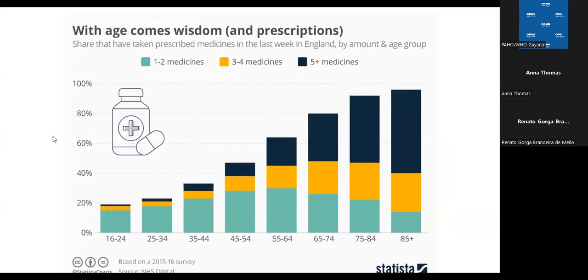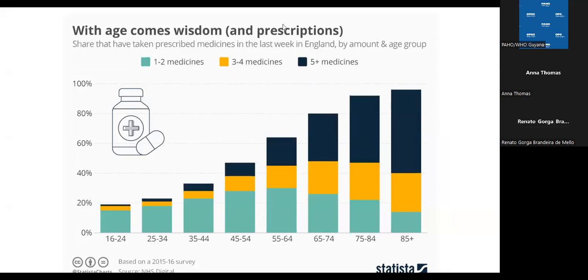Share of people who have taken prescribed medicines in the last week in England: one or two medicines in this light green, 3 to 4 orange or yellowish, and 5+ medicines in dark blue.